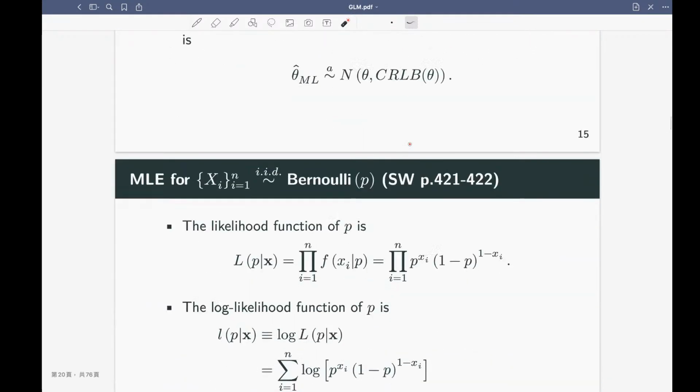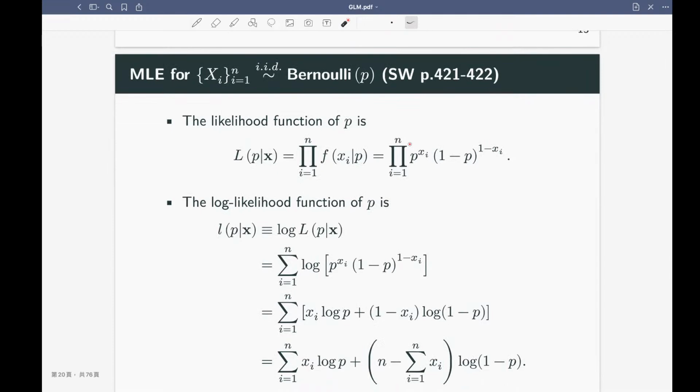Okay, and now we focus on the Bernoulli distribution, because in this chapter we focus on the linear probability model, Logit model, and Probit model. It's from the binary dependent variable, so it's a Bernoulli distribution.